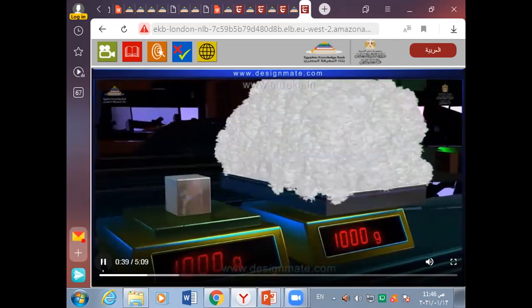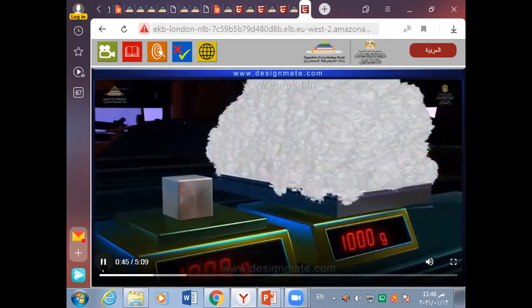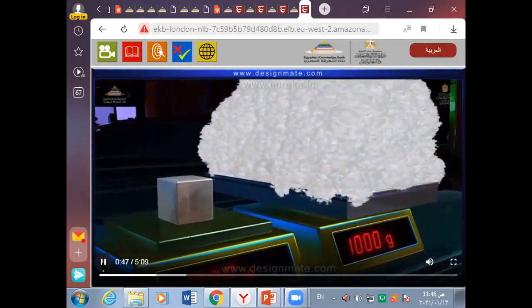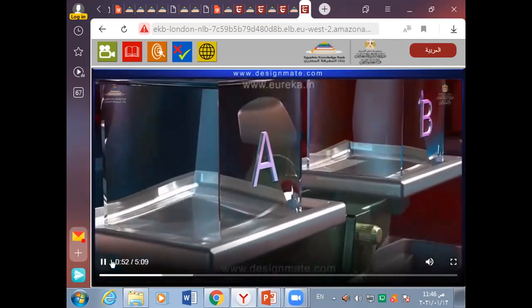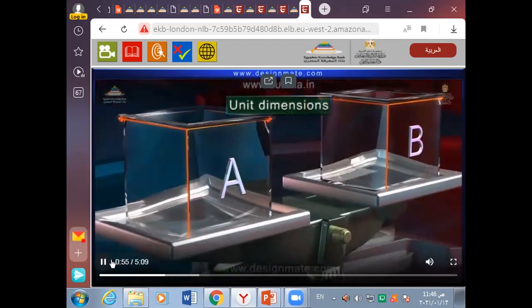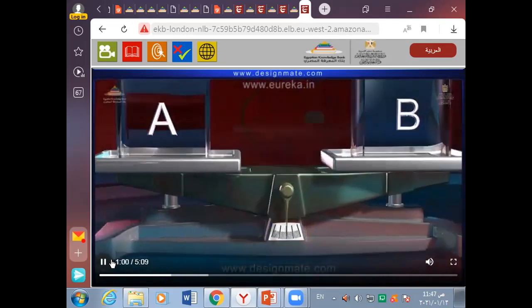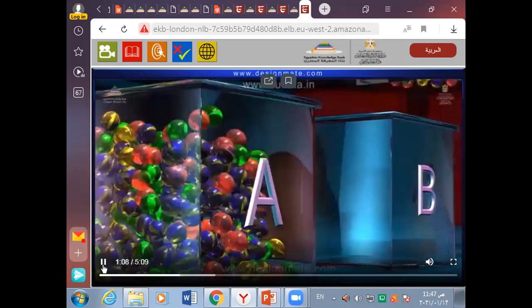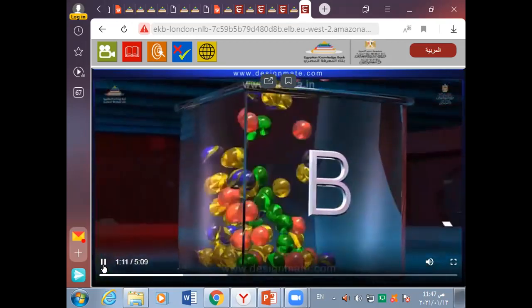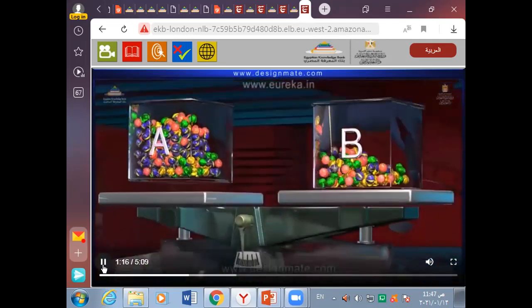This is because of an important physical property of matter called density. Experiment to understand the concept of density. Consider two boxes, A and B, of unit dimensions. On placing them on two pans of a beam balance, they register equal mass. But now, put about 500 marbles in A and about 100 in B. Place them on either sides of the beam balance.